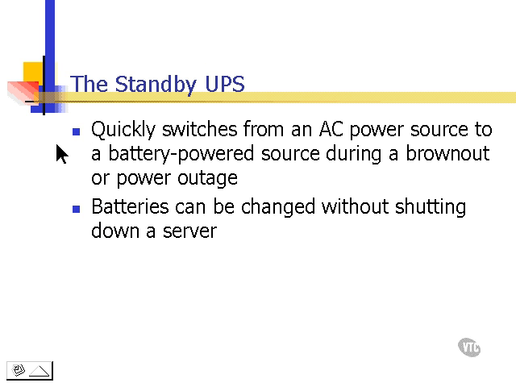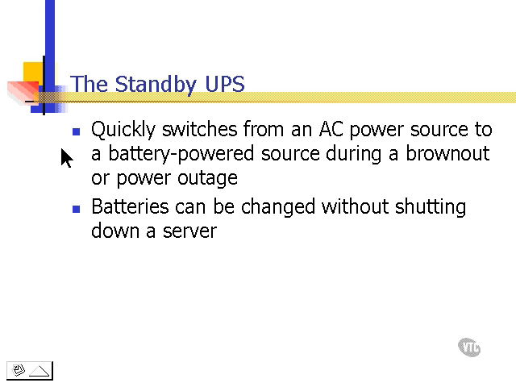A standby UPS quickly switches from an AC power source to the battery-powered source during a brownout or a power outage. This switch must be incredibly quick because the computer can't notice the change in power.